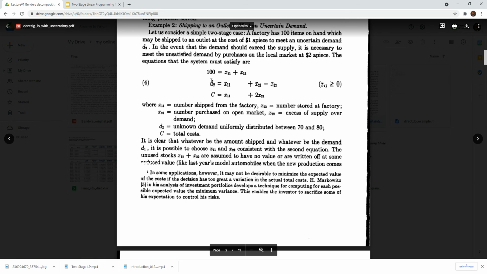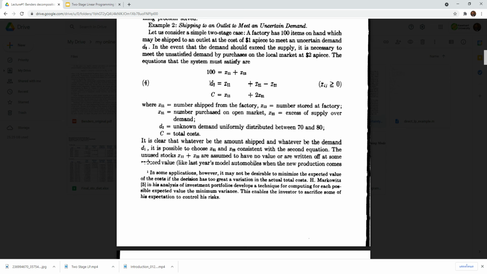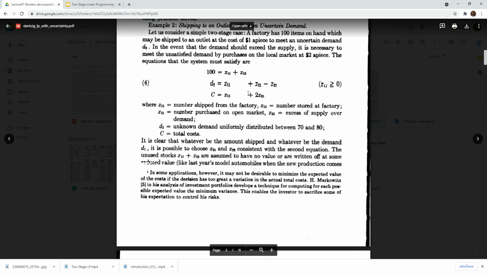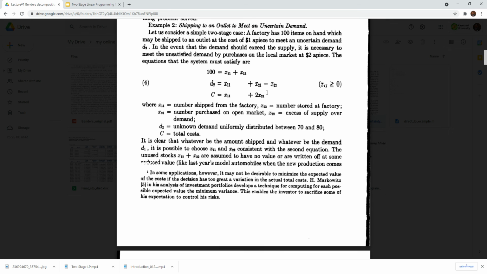Suppose D2 is an uncertain case, which can be any value between 70 to 90, not a discrete value, it's a continuous value. Therefore, this equation leads you to what we call linear programming in infinite space, not finite space, because D2 is uncountable, the infinite number of possible values of D2 leads to an infinite number of x up to 1 and x up to 2 additional values for each scenario, and the number of constraints is unlimited.